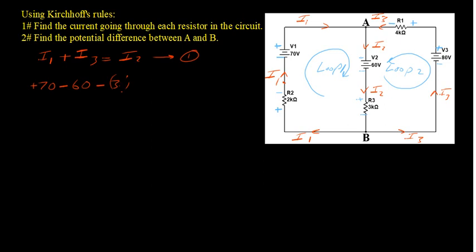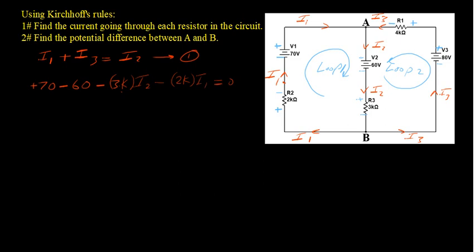Here it's gonna be 3 kilo, that's resistor 3 multiplied by current 2, and then coming back through resistor 2, it's 2 kilo multiplied by first current, that will equal 0.